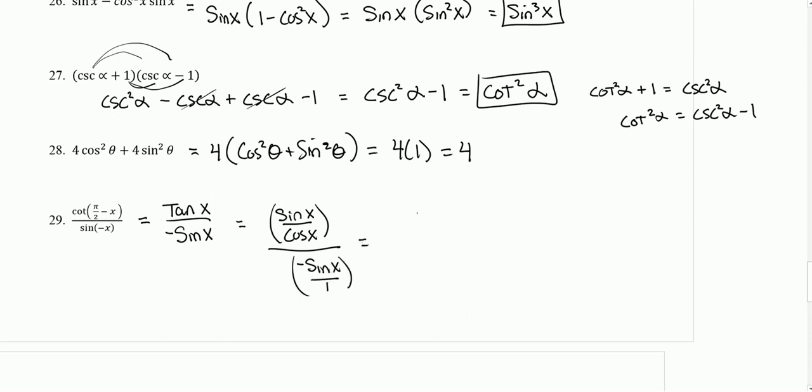And whenever you divide by a fraction, you flip it over, so you get sine x over cosine x times 1 over negative sine x. Or we can make that a negative 1 over positive sine x. So the sine x's cancel out, and we end up with negative 1 over cosine x, which is negative secant x.